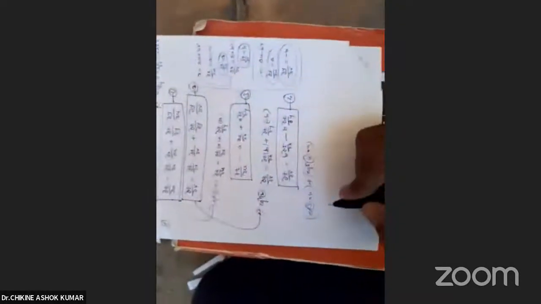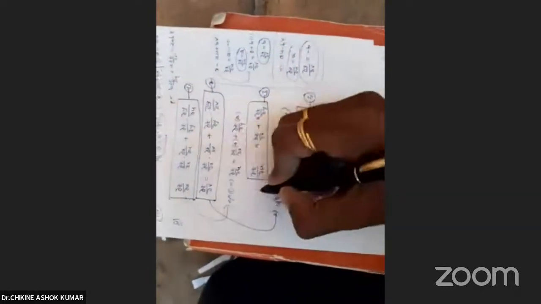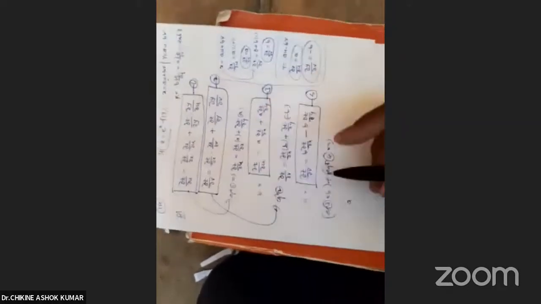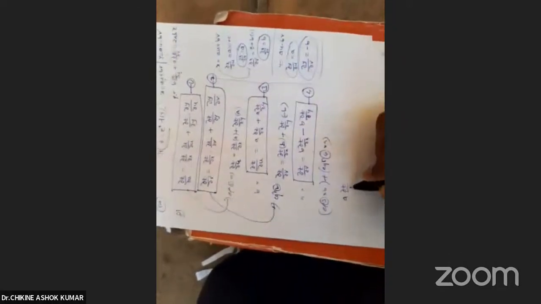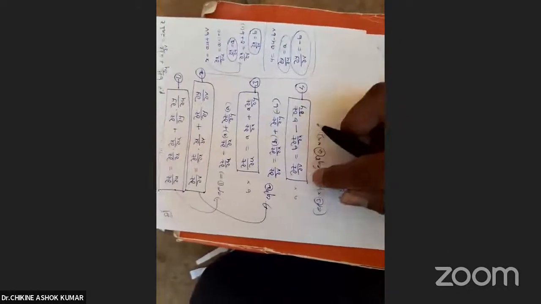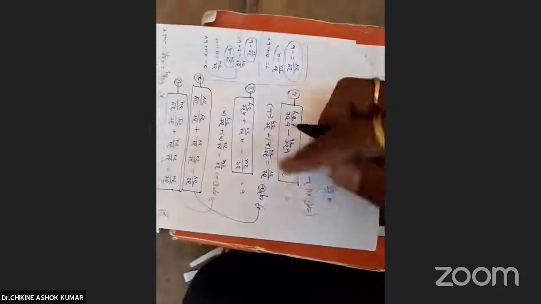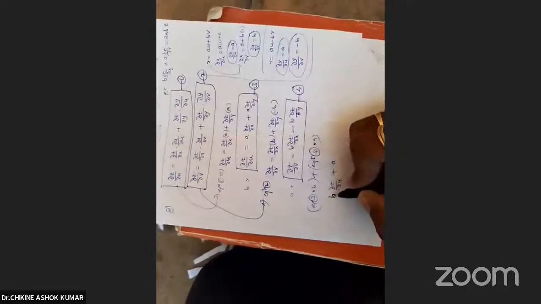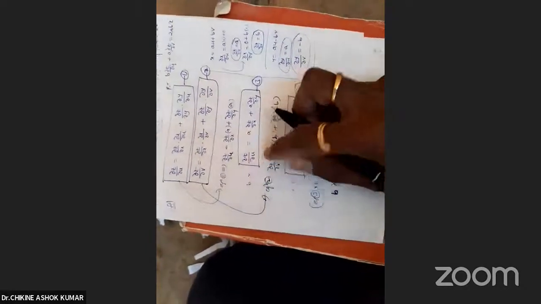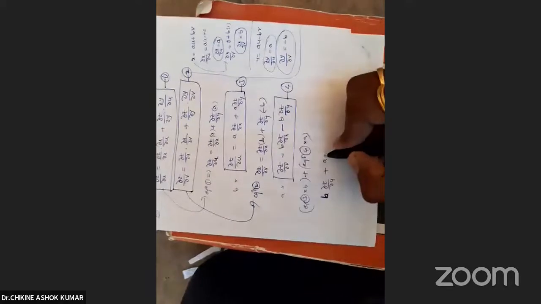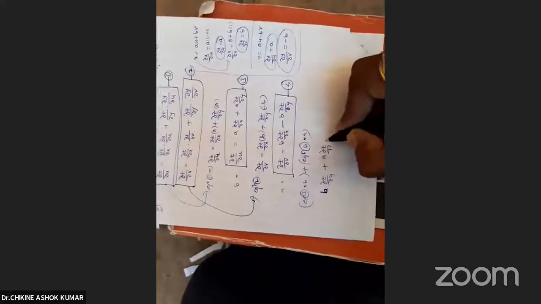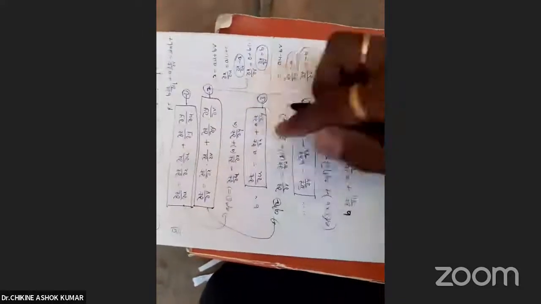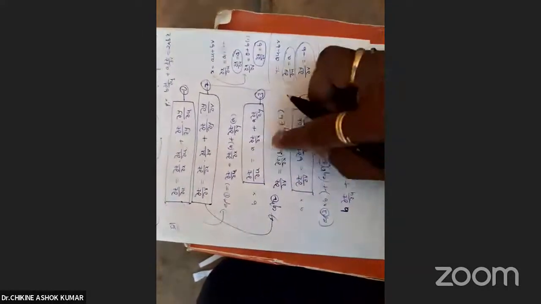I'm multiplying this by b and this by a. So b into dou z by dou u plus a into dou z by dou v equals, on the right side, adding the two: what is the dou z by dou u value?